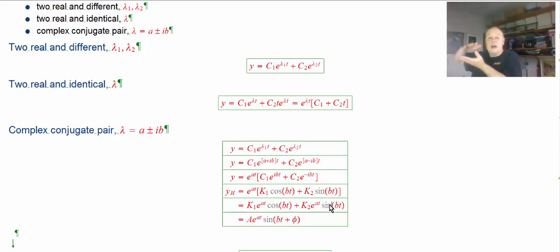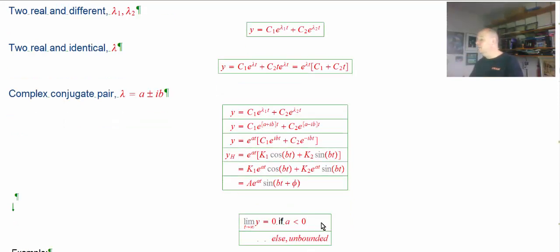They're dragged down to zero by the e to the at going to zero. So, long story short, if the real part of the eigenvalue is negative, then the homogeneous solution goes to zero. So now that we can use as a rule for all three cases.